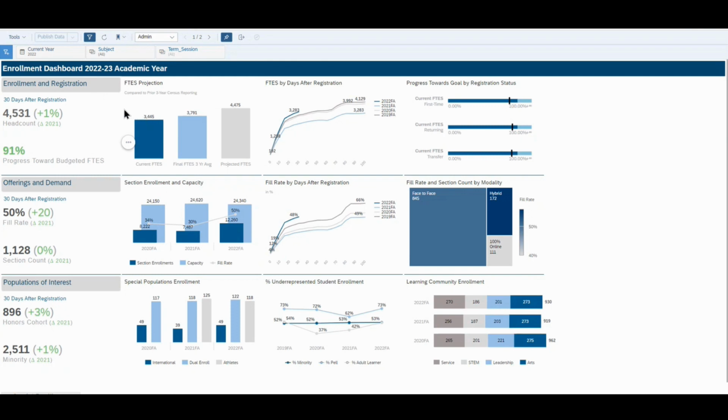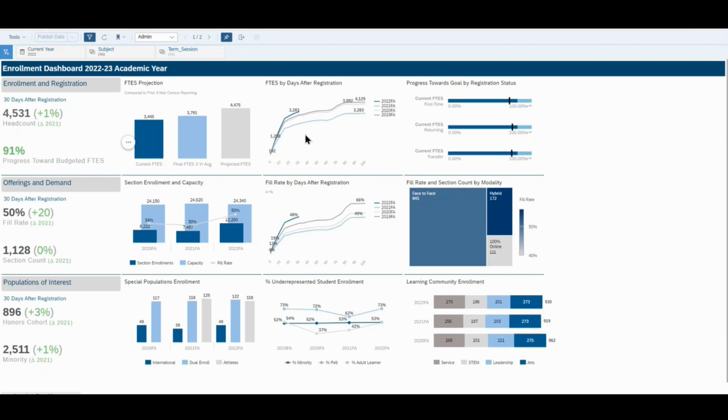Our current offset snapshot supports comparison between the current term and the same point in time in prior years. At 30 days after registration, you can see that our registered student headcount is up 1% from the prior year at the same point in time relative to the start of registration.